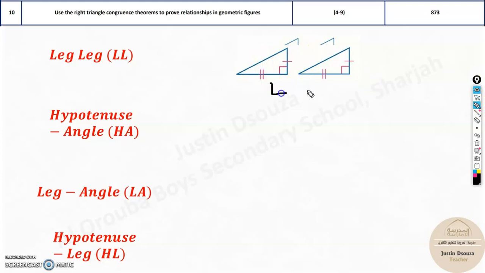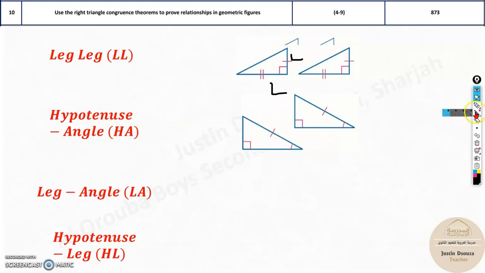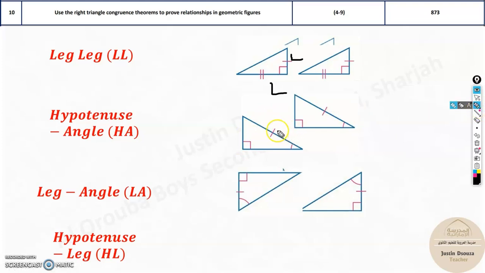This is called leg-leg, because there are two legs and both the legs are congruent. Similarly, if you have a hypotenuse and an angle, it doesn't matter which angle, then again it is congruent.